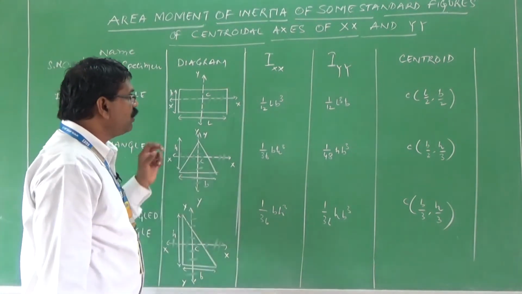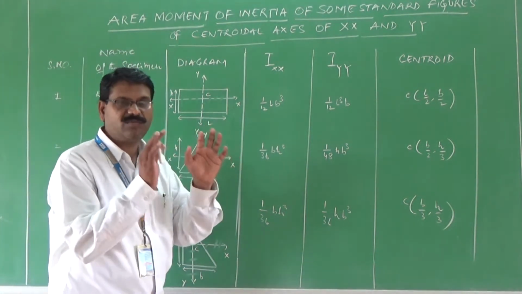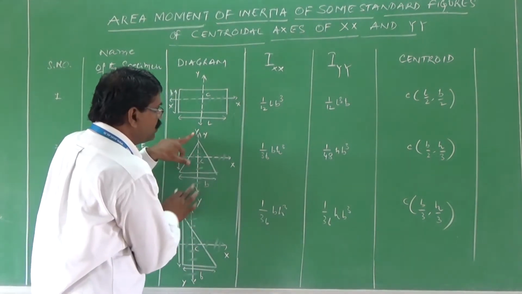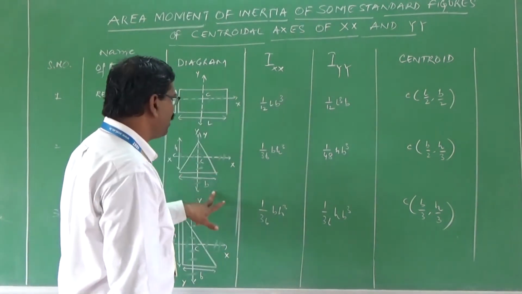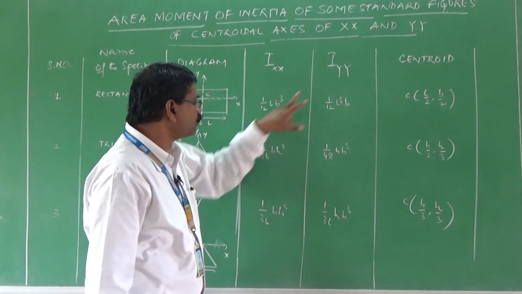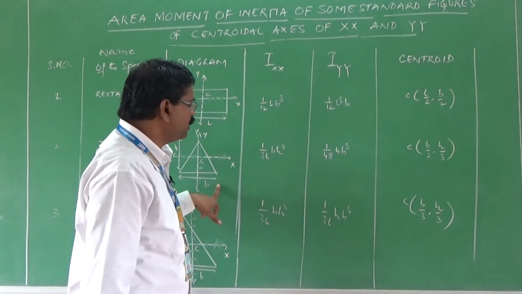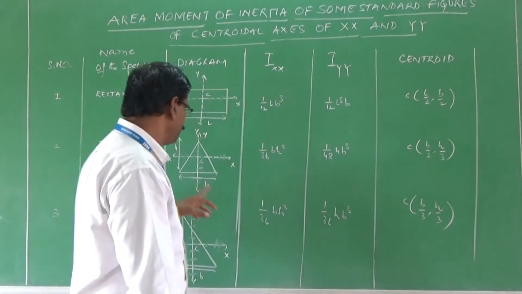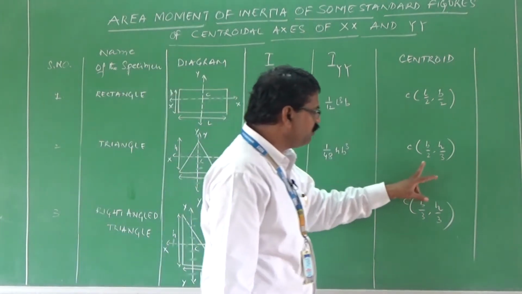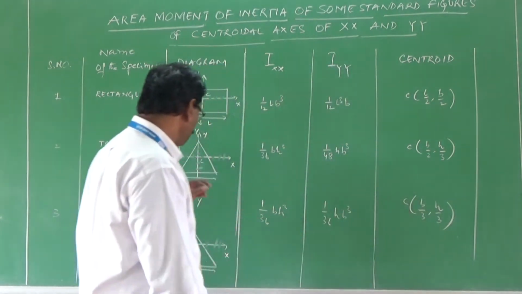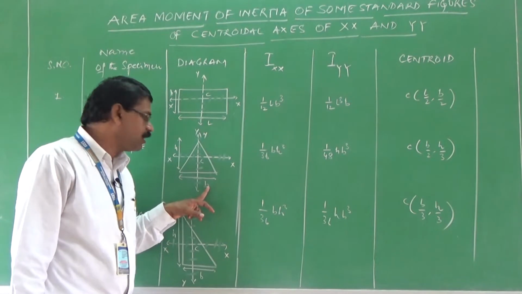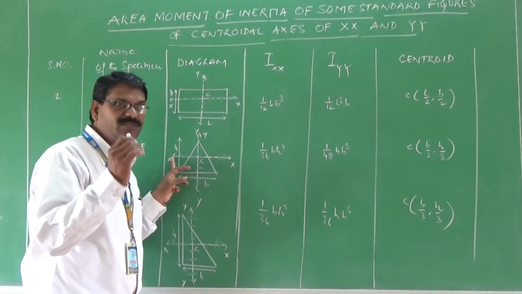Now I would like to give the moments of inertia with respect to the xx and yy axes: I_X of this triangle is 1/36 b h cubed, I_Y of this triangle is 1/48 h b cubed, and the centroid of this triangle is C of B/2 comma H/2. In this diagram, B represents the base of the triangle and H represents the height of the triangle.